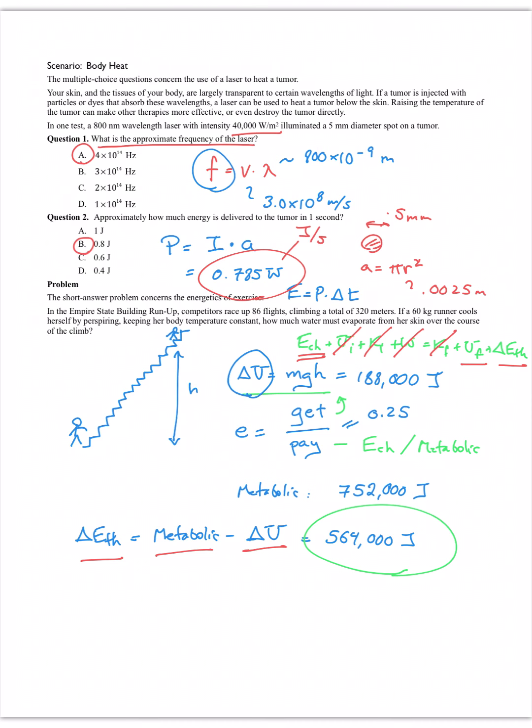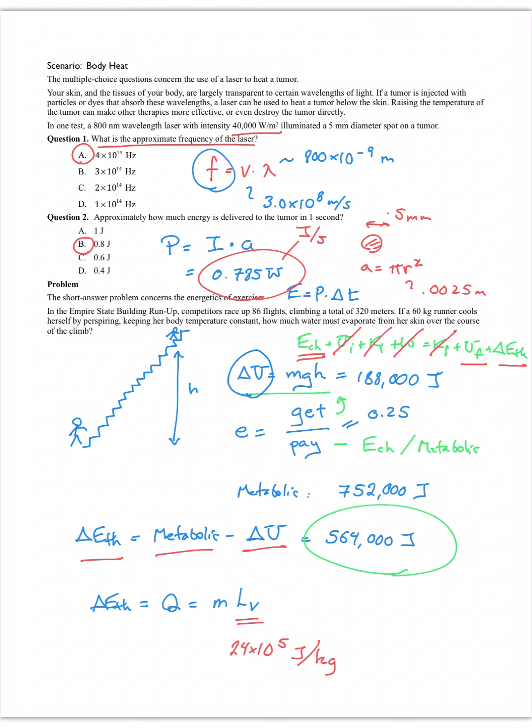If she doesn't want to warm up, she's got to exhaust that into the environment. So all of that energy is deposited as heat into the environment, and it's doing that by evaporating water from her skin. Now the energy for evaporating water is just m times L_V. L_V is the heat of vaporization, and at skin temperature, we were told that was 24 times 10 to the 5th joules per kilogram. Don't use the 22.6 value from the table.